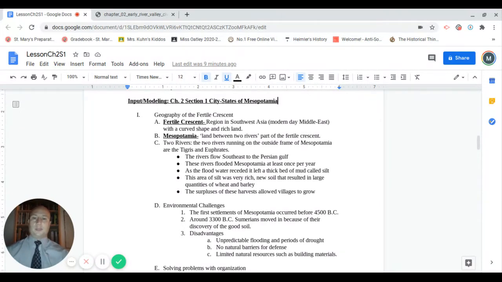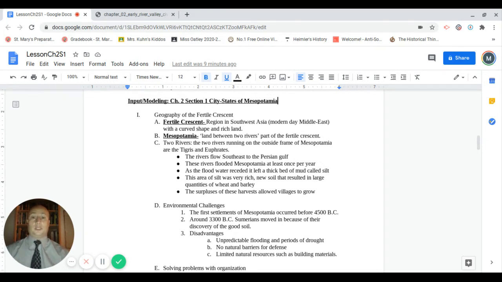But in the case of Mesopotamia, the flood expands the border of the rivers. And then that flood water will sit on top of the soil for a month, 2 months, sometimes longer. Then eventually the flood will recede, and it's going to leave behind a very fertile type of soil called silt.